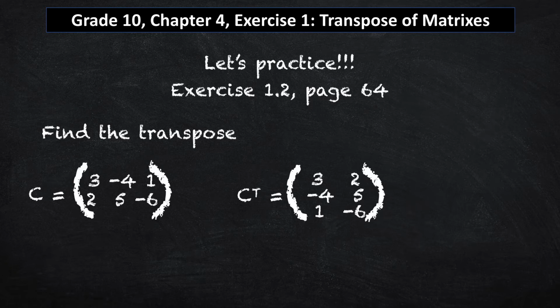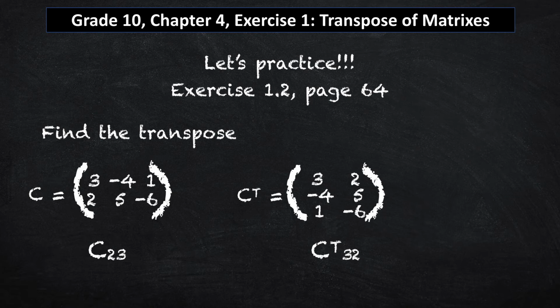In the same way, -4 and 5 that are in the second column of the matrix C appear in the second row of the transposed matrix. Finally, the elements 1 and -6 that are in the third column of the matrix C appear in the third row of the transposed matrix. So the matrix C is a 2 by 3 matrix, and the transpose is a 3 by 2 matrix.